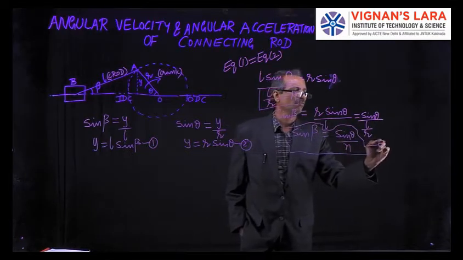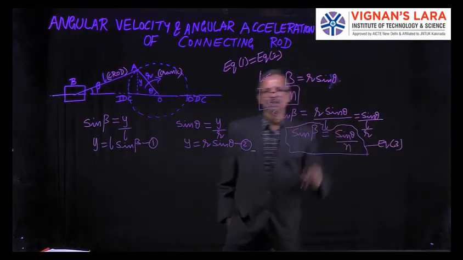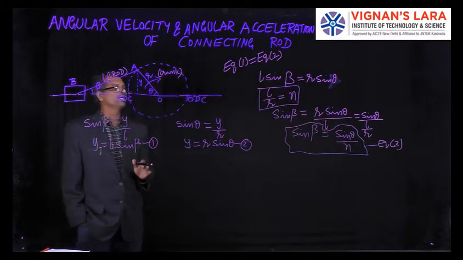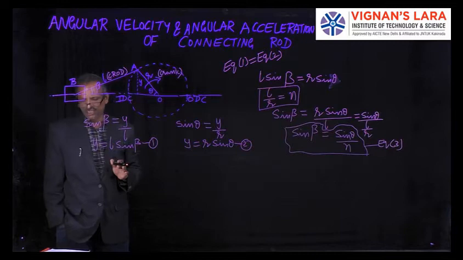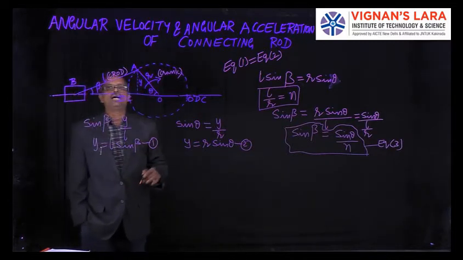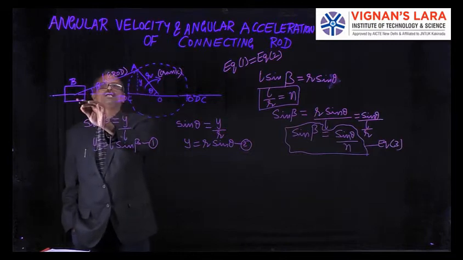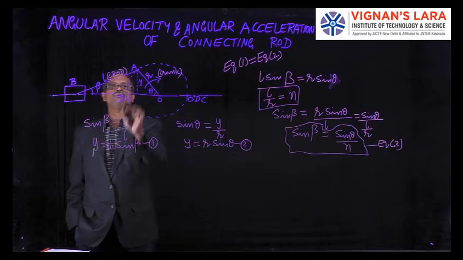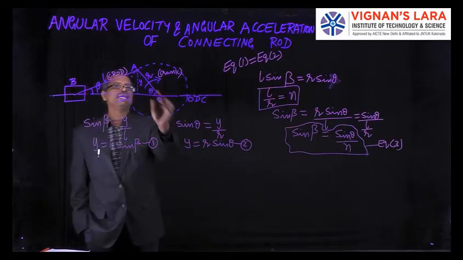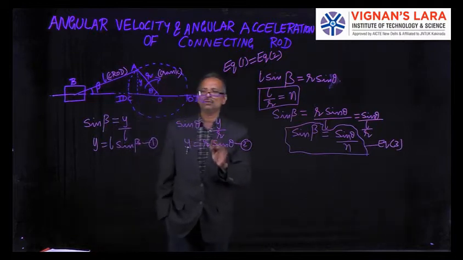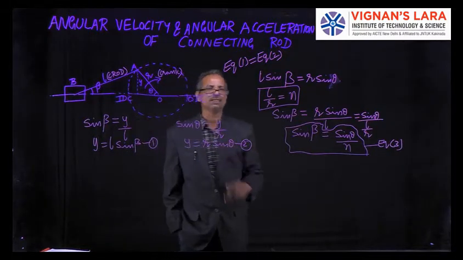See, what I did is a simple thing. We have taken this Y ordinate and written it in terms of beta and in terms of theta. So sin beta I have written as Y by L and sin theta I have written as Y by R. Then I have written Y is equal to L sin beta, Y is equal to R sin theta.